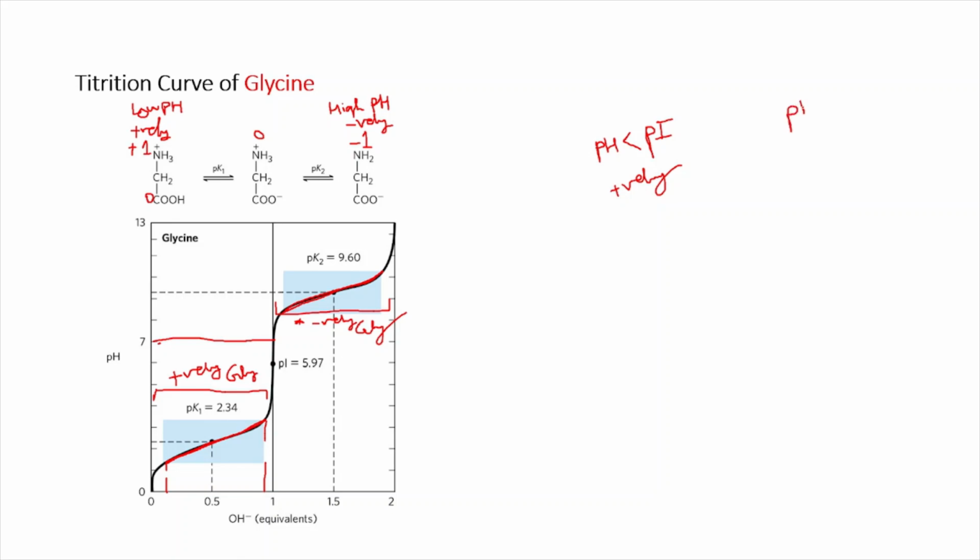But if the pH is greater than pI, then the negatively charged form prevails.